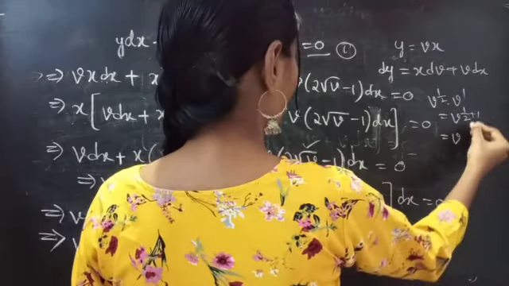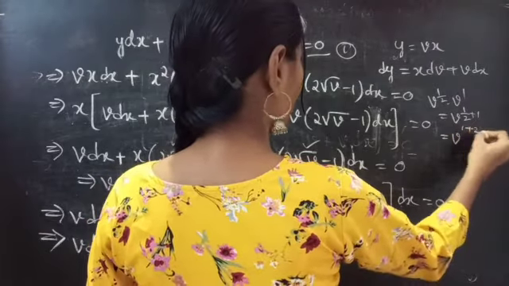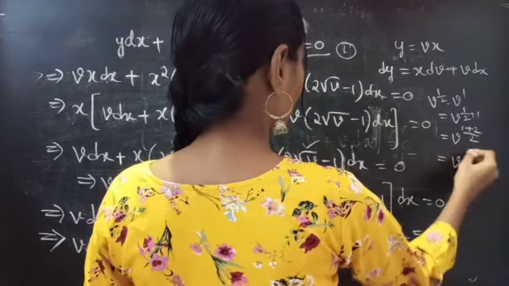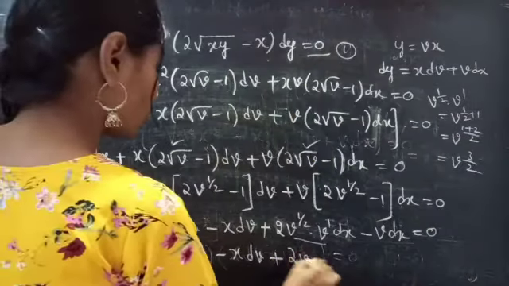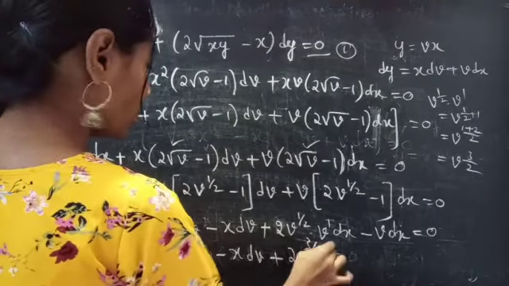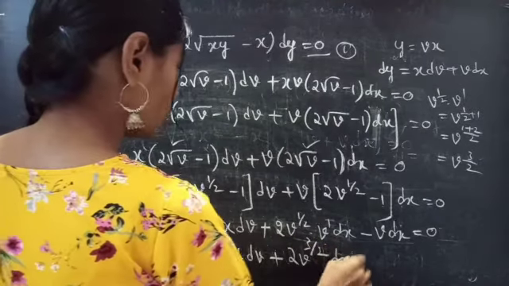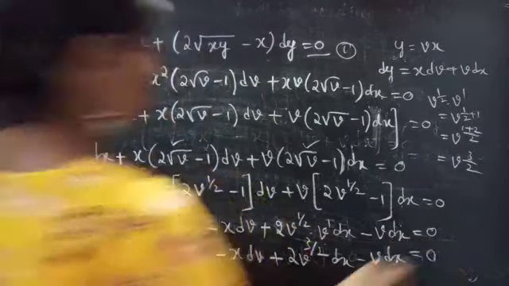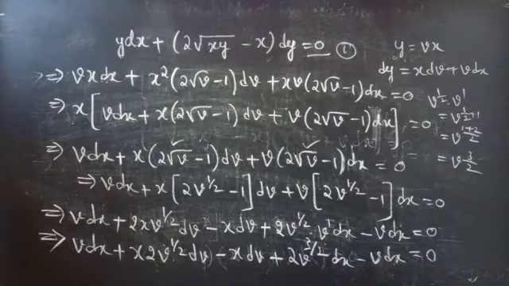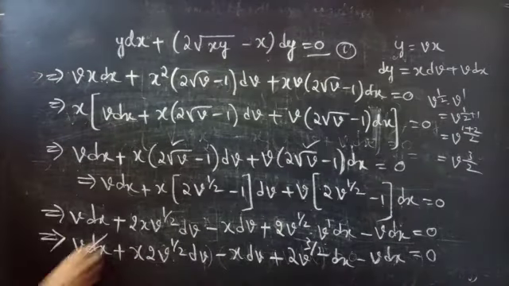Then we'll get v power 1 plus 1 by 2, which is equals to v power 3 by 2. So this becomes v power 3 by 2 into dx minus v into dx equals to 0. Here you're having plus v dx and minus v dx. Both get cancelled.